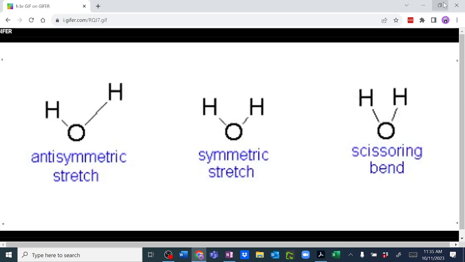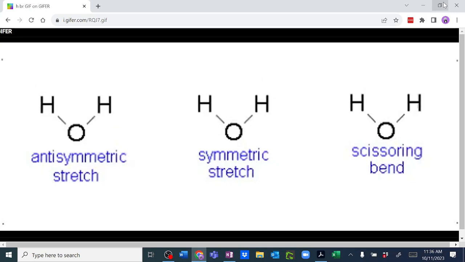Yes? Oh yeah, it does those things at the same time, right? But they count as 2 different motions, right?